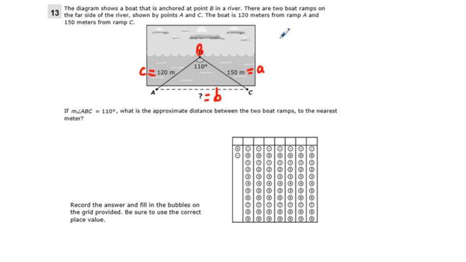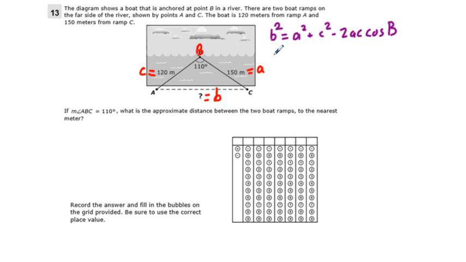So we're going to make use of something called the law of cosines, and that is, we're trying to find b, so that's going to be b squared equals a squared plus c squared minus 2ac cosine angle b.